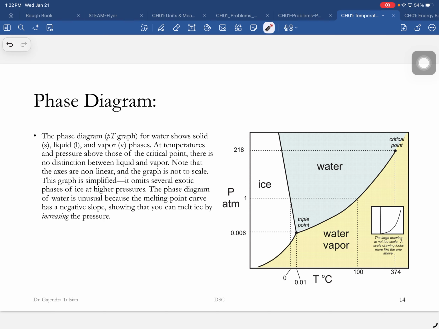So where are we right now? We're in the section for water. We are somewhere along that line. Okay, we are here somewhere. No, here. So water, vapor.